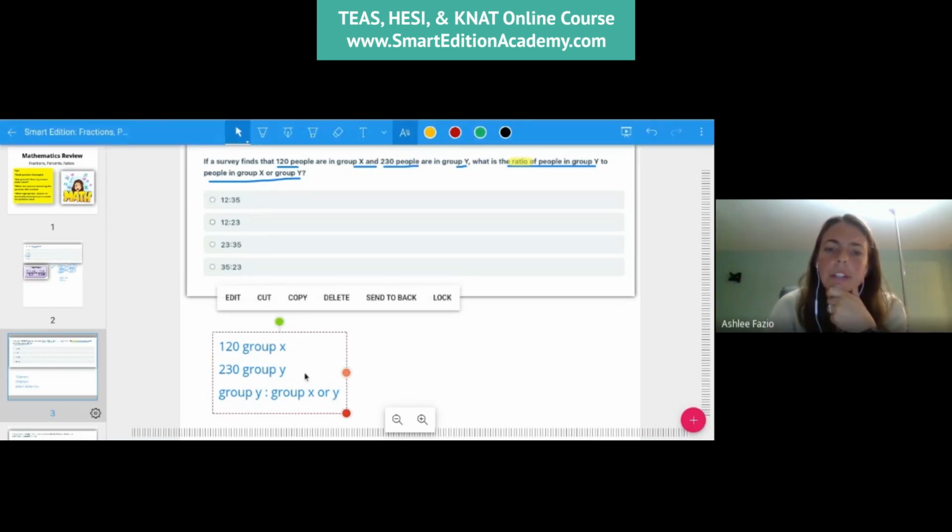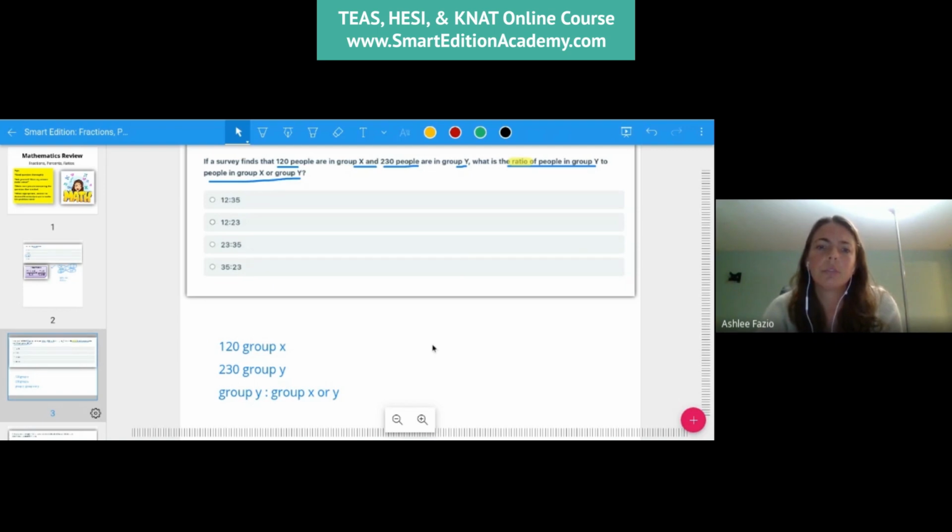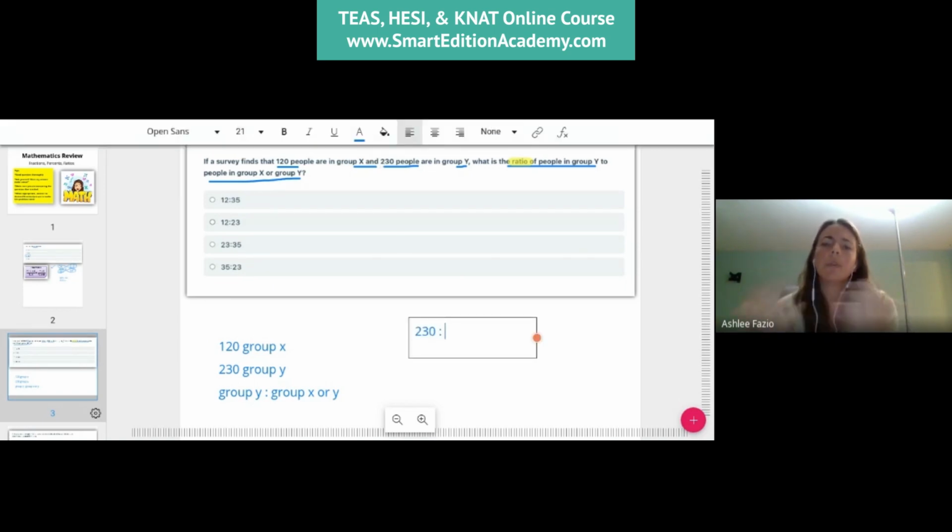Group Y is 230. And then for group X or Y, we have to add those together. Feel free, if you've got it mentally, go for it. If not, plug it in your calculator. 120 plus 230 gives me 350. Like I said, order is super important here, because if we do it in the opposite order, we're not answering the question that is asked.